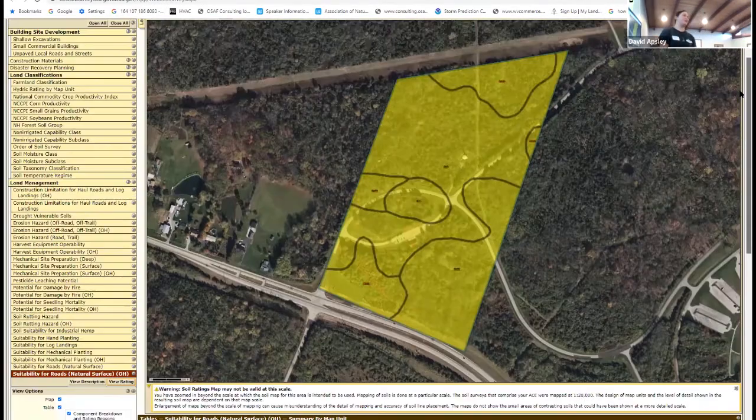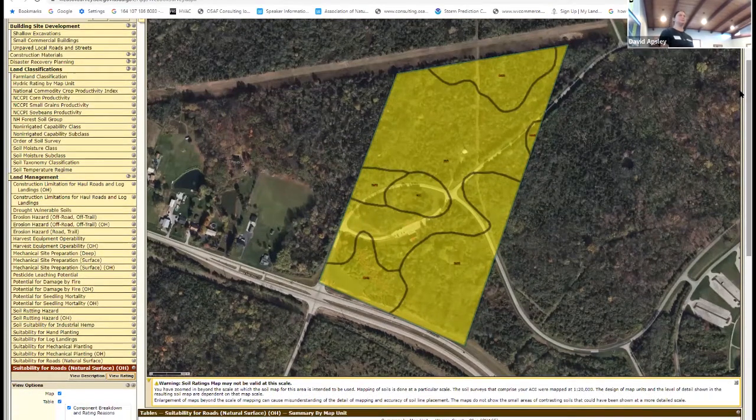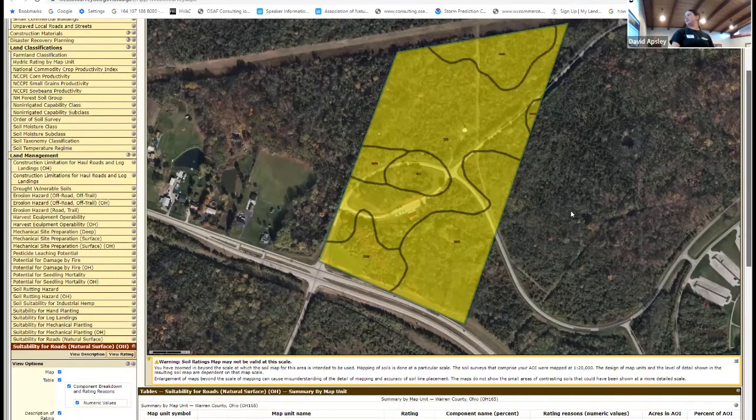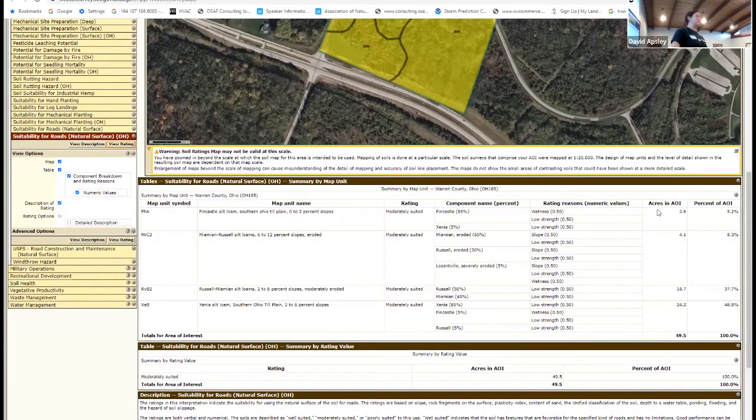And it's gonna be similar to your log landings where it's all pretty similar. But one of the good things with this is it actually tells you what the rating reason is, so it can help you overcome some of those. So if you know it's wet and that's your limitation, maybe you bring in some mats and put them down, you can drive over the mats and then pull them out when you're done. And you've kind of mitigated that reason.